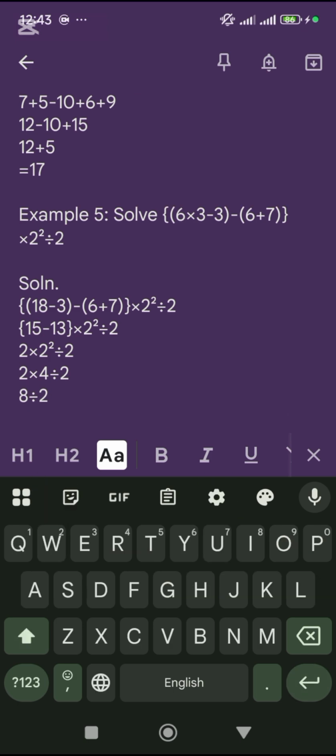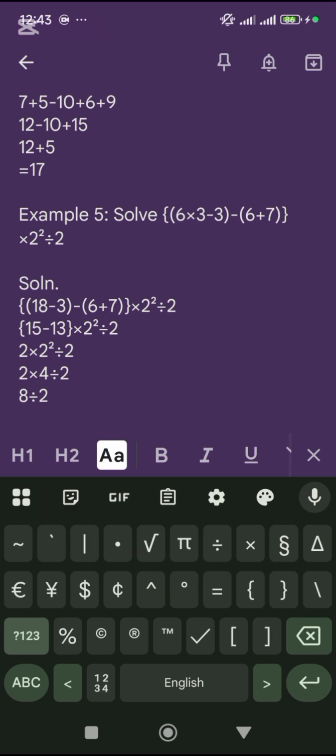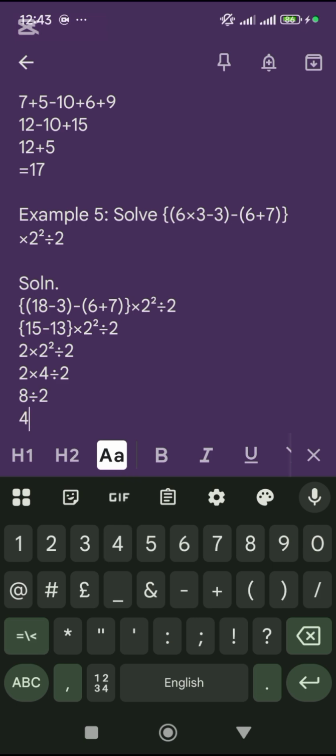All right, it gives you 8 divided by 2, and that will be 4. Okay, and that's your answer. All right, so you can see that although it looks complex, it's very simple.